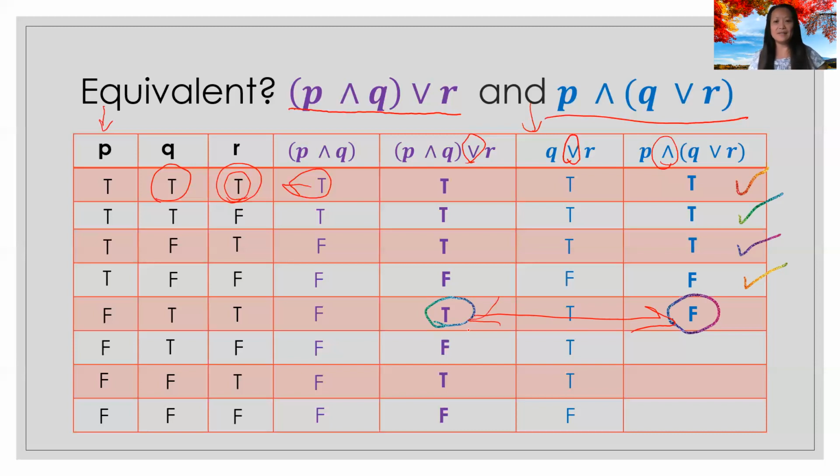When they do not match up. So we say, oh no, that's it. They are not equivalent. And the sign for that is like a triple line and then a cross. That means not equivalent.